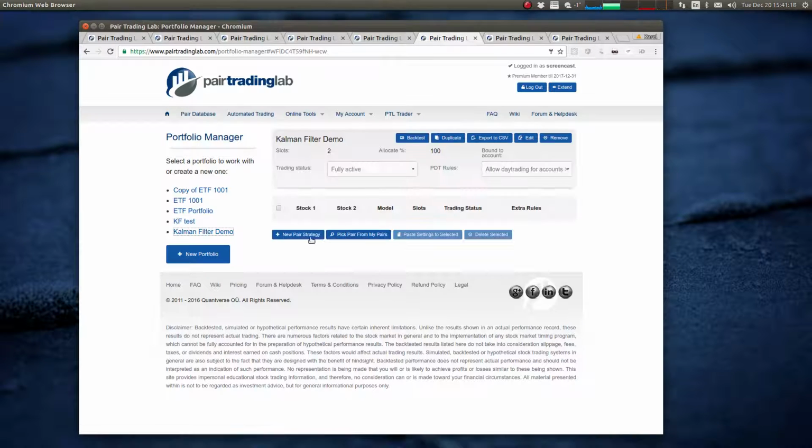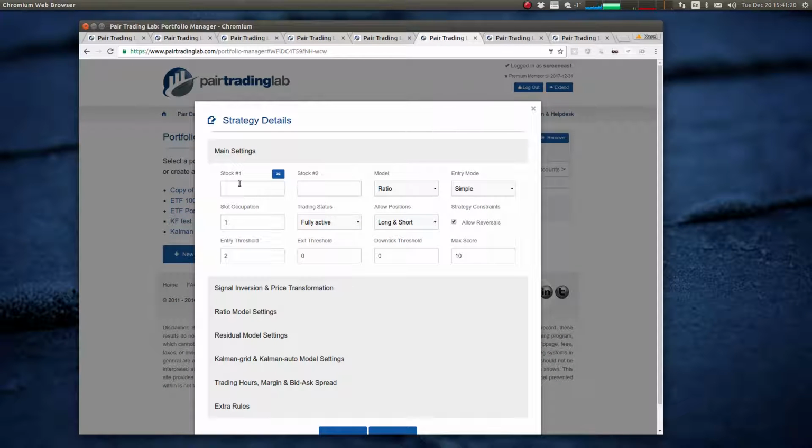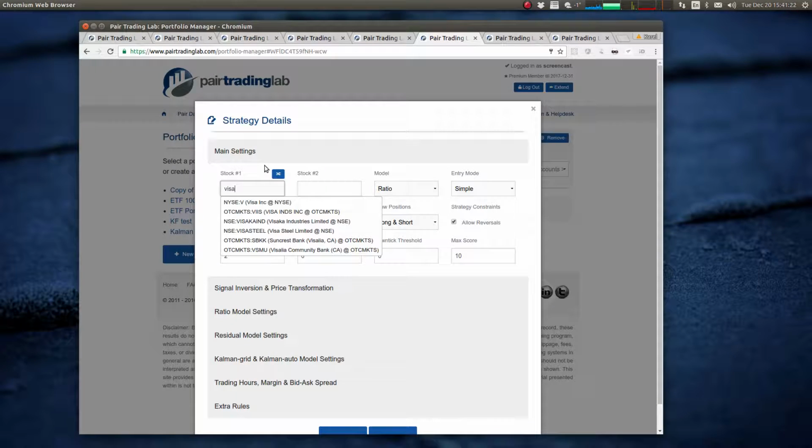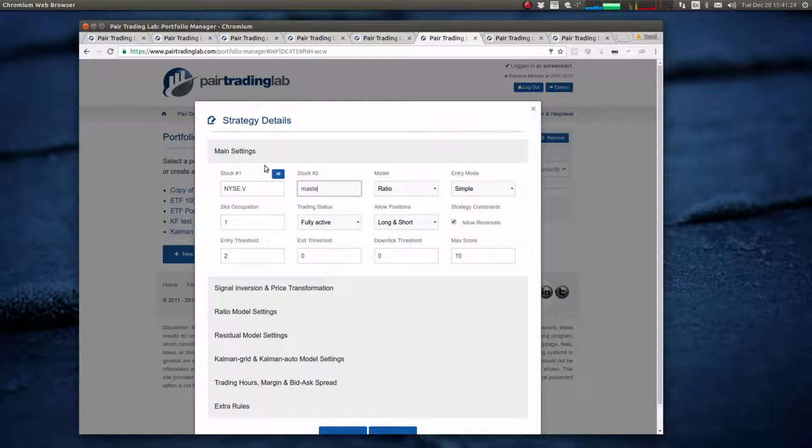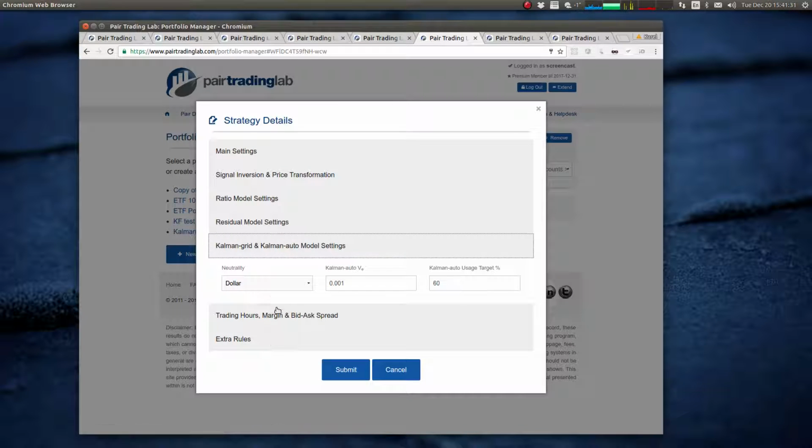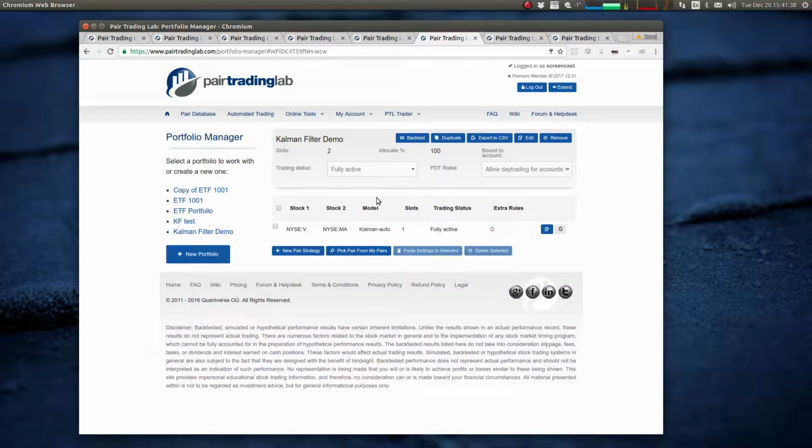I'll put there our Visa MasterCard strategy. That was Kalman Auto with usage target of 70, for instance. You can see with these strategies you don't need to worry too much about parameters, because basically the one parameter you want to tune is the usage target.